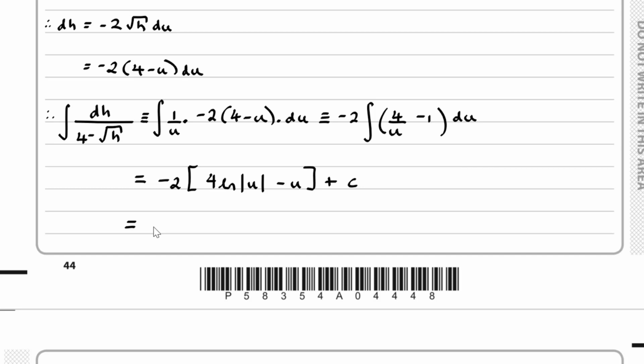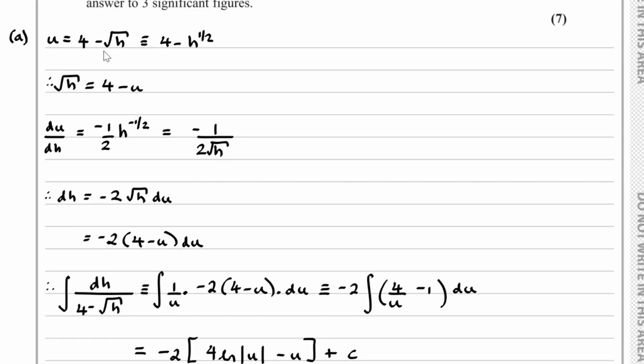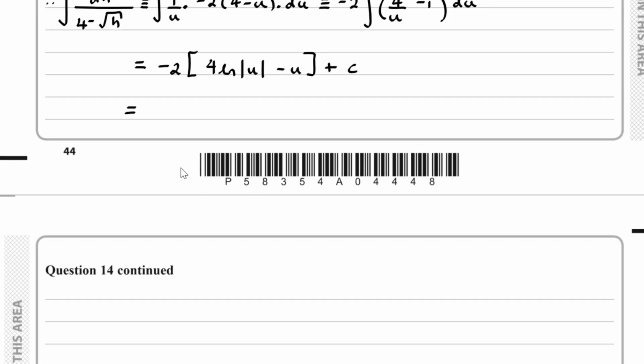So here we know what u is, that's equal to 4 minus square root h. So we have minus 2 lots of 4 times the natural log of 4 minus square root h, minus 4 minus square root h, plus c.